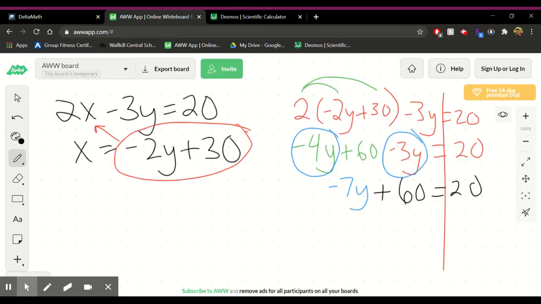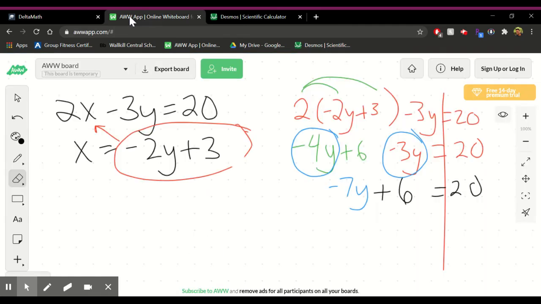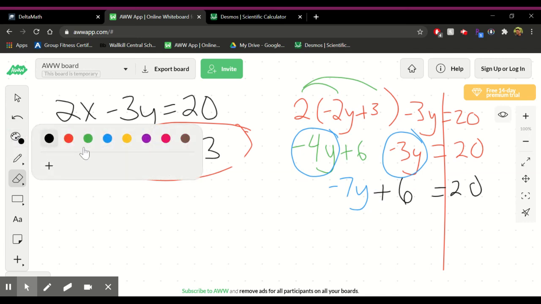I didn't mean to put plus 30. This is what I get for writing down the wrong problem. So again, my mistake, you need to be aware of it. It's negative 2y plus 3. I just had to fix that here, here, and here. So it wasn't too big of a mistake.